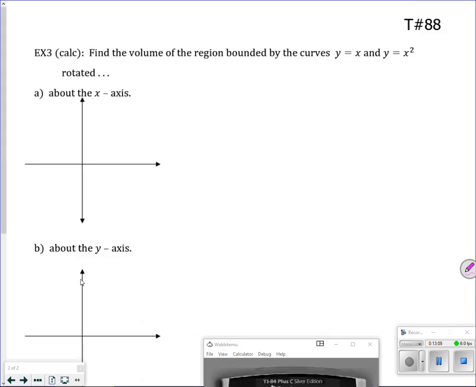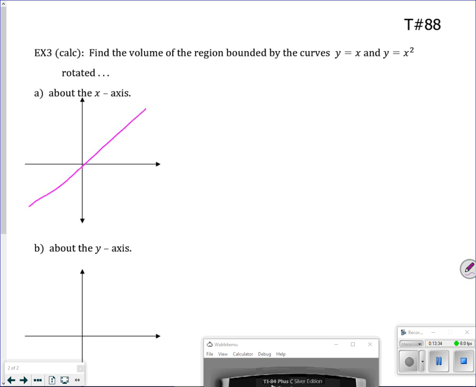All right. Find the volume of the region bounded by the curves y equals x and y equals x squared, rotated where? Well, again, I like to overemphasize my drawings. So let's do this. Okay, y equals x. I'll draw it first and then I'll make it better.